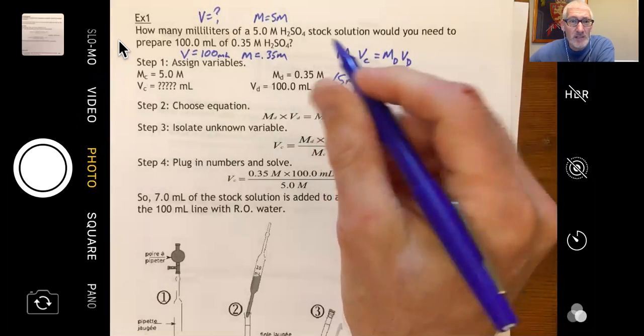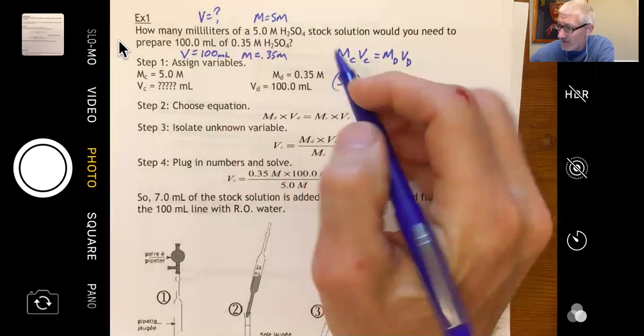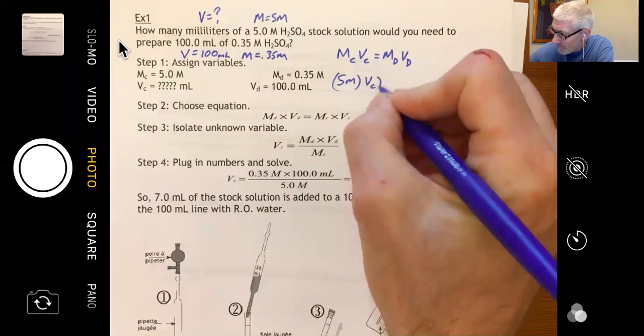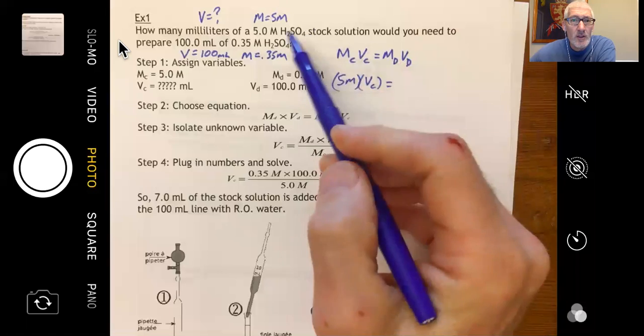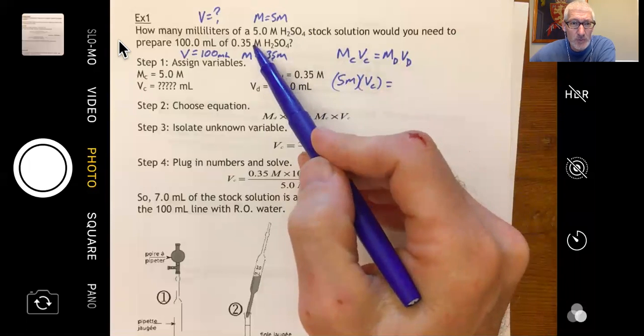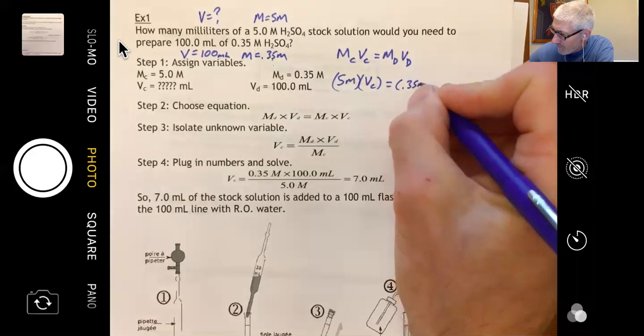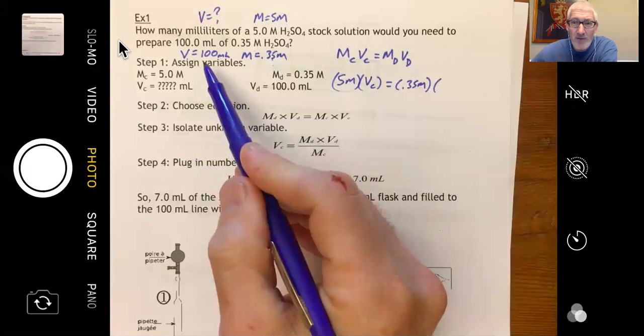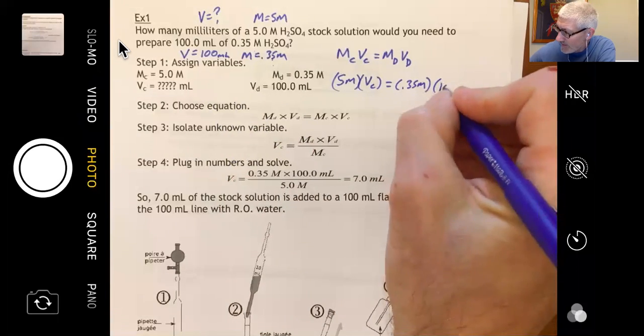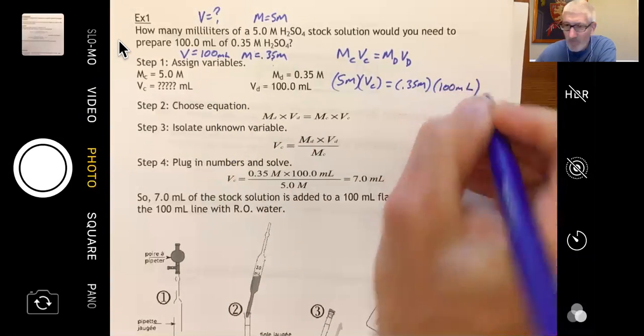The volume is unknown. That's what I'm trying to figure out. The molarity of my dilute solution, that's a much weaker solution, is 0.35 molar. And the volume of that, I happen to know, is 100 milliliters.